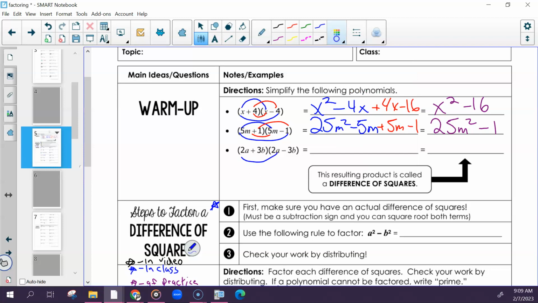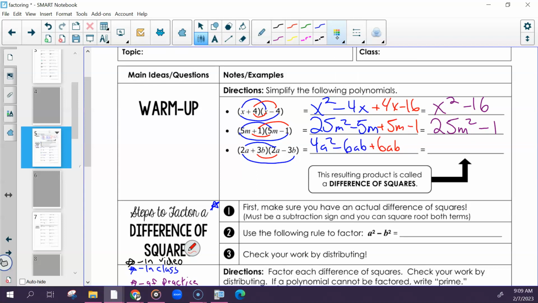2a times 2a, 4a squared. 2a times -3b, -6ab. Then the middle two, 3b times 2a, whether you put 6ab or 6ba does not matter.